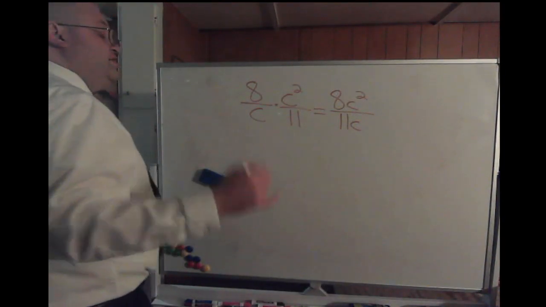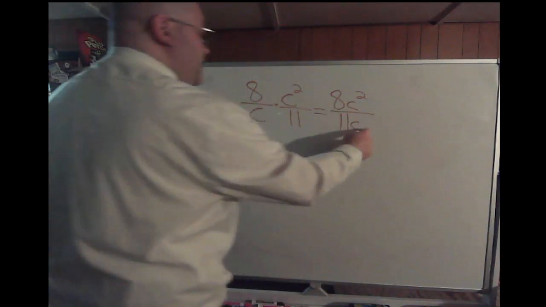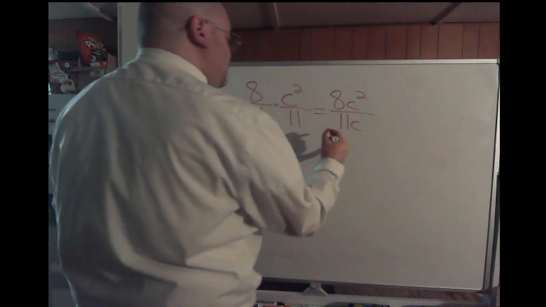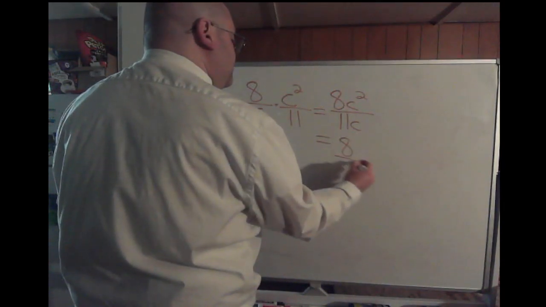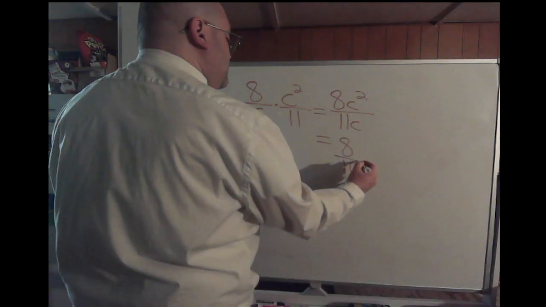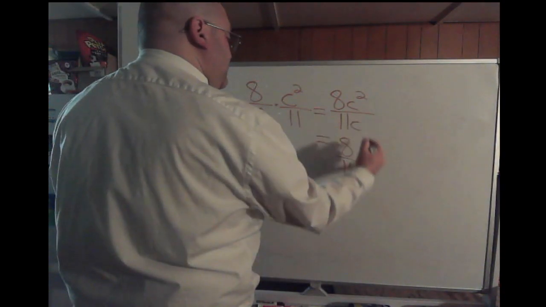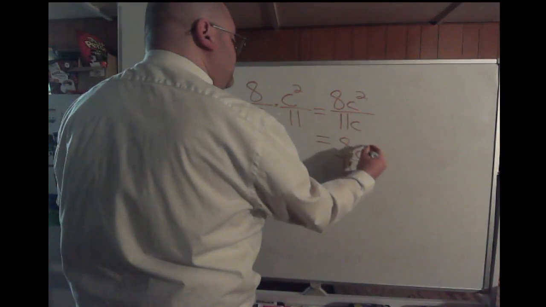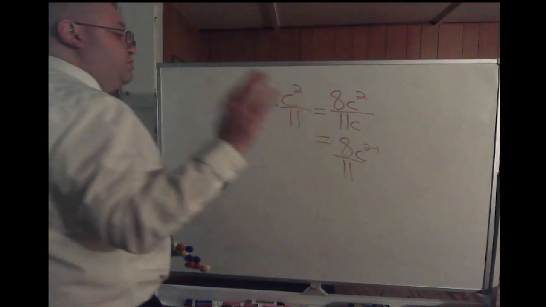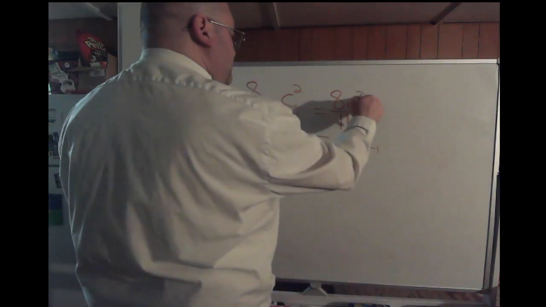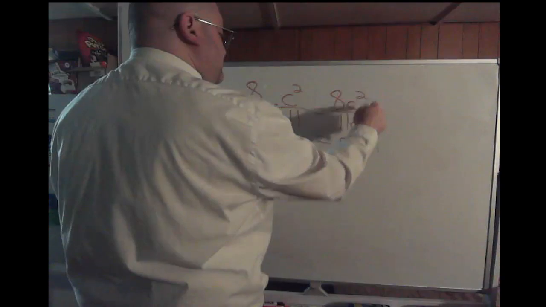Okay? If we recall, when we divided powers, that's going to be the same as, you'll still have your 8/11ths, but you'll have c to the second power minus the first power, because when you divide exponents, you subtract.